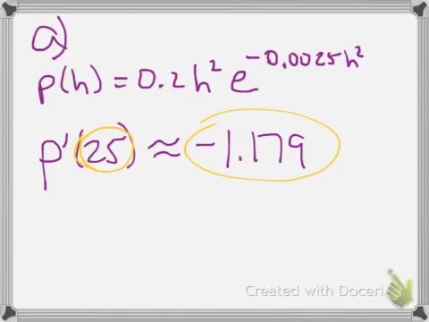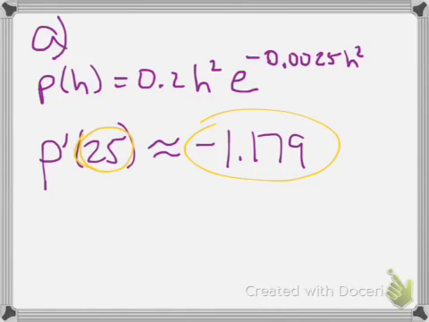You can say changing at a rate of negative 1.179, or you can say decreasing at a rate of 1.179. If I use the word decreasing, I'm not going to use the negative. Million cells per cubic meter per meter, or technically, million cells per meter to the 4th power.